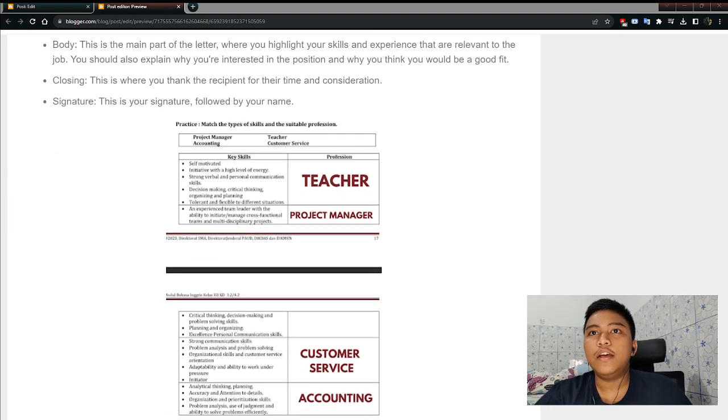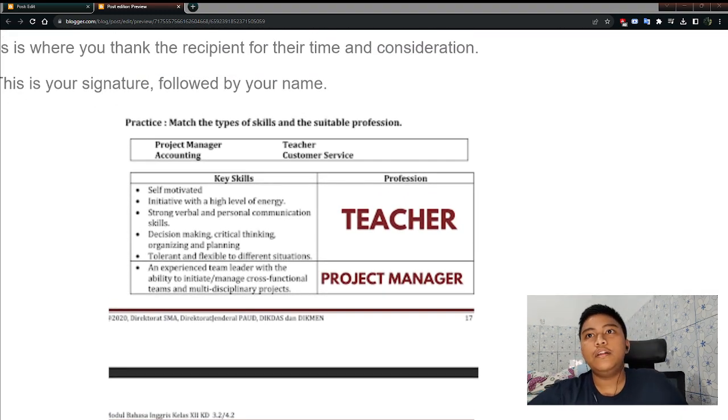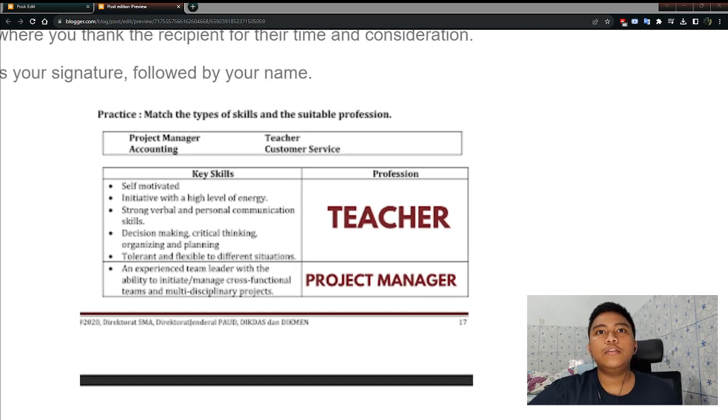The next exercise is to analyze the job or the profession. Here are the key skills, and you have to analyze what their job or profession is. The first one: self-motivated, with initiative and a high level of energy.